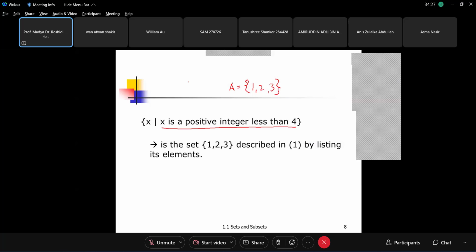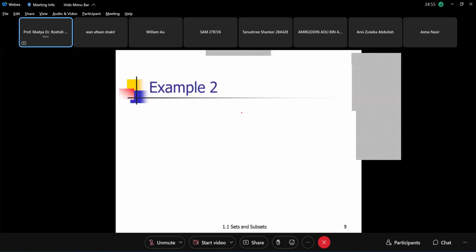We can represent it either through this representation or through this representation. Both have the same meaning. The good thing about discrete is that we can represent the exact objects, or we describe the objects like this. It means in discrete, we can describe something, and that something we can group as a set.